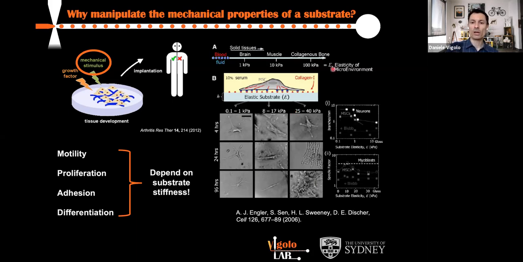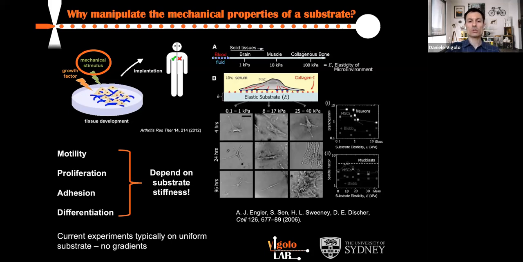Now, I'd like to point out up here, just to give you an idea of the range of this stiffness, between 1 and about 100 kilopascal, we are moving essentially from a very soft brain-like tissue through muscle, through collagen bone, and so towards the formation of bones. This is the range of stiffness of interest for a large number of different cells.